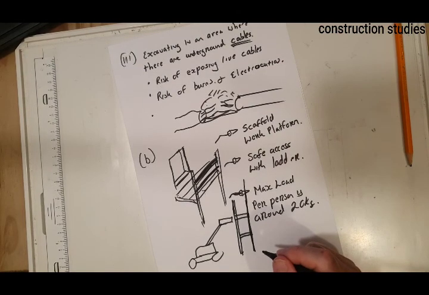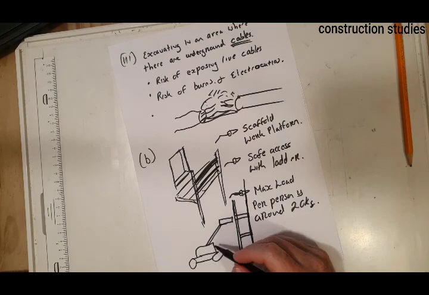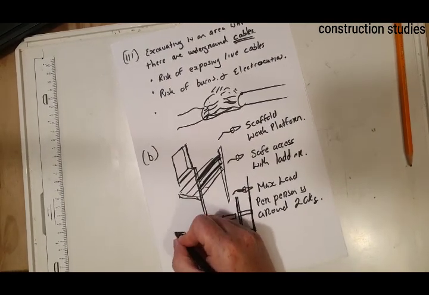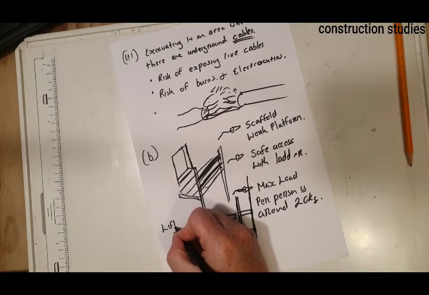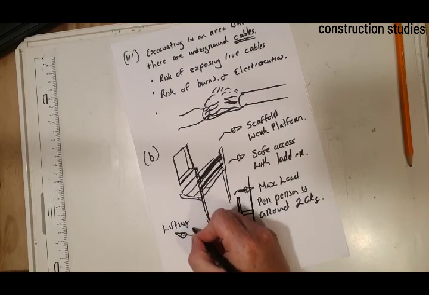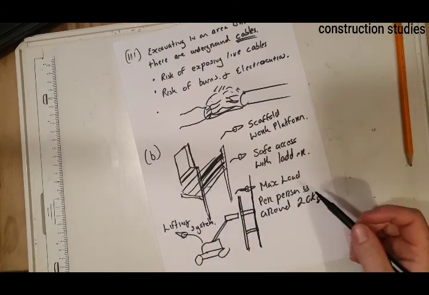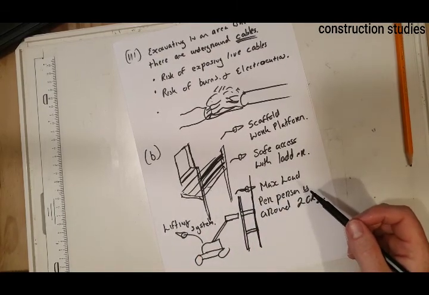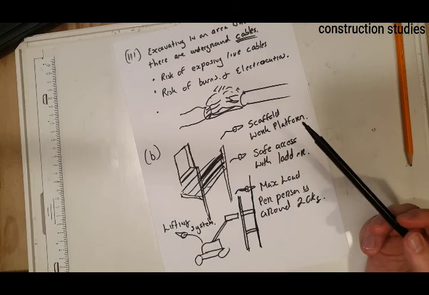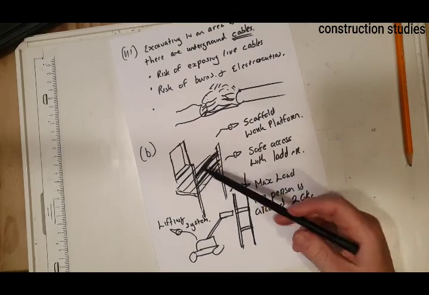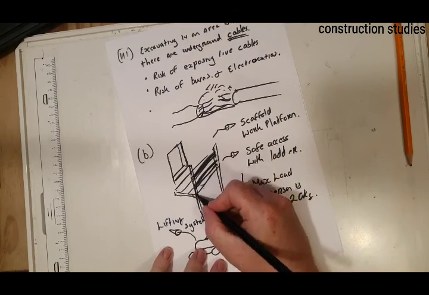So the lifting system is shown, right? Then we can just label it, make sure and label it. Lifting system, and use the correct lifting procedure and platform height. So the height's important, and also a toe board is very important.